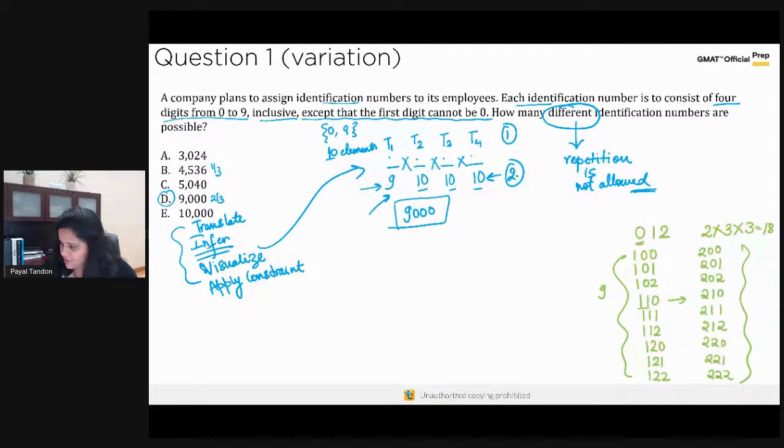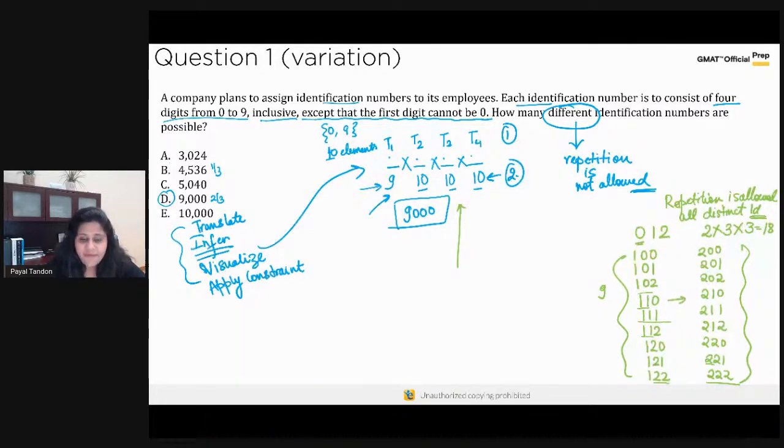You have 2 1s here, 3 1s here, another 2 1s, 2 2s here, 3 2s here. Repetition is allowed, but what you're getting are all distinct IDs. That's the logic behind this. All right, I hope all of you understand this.